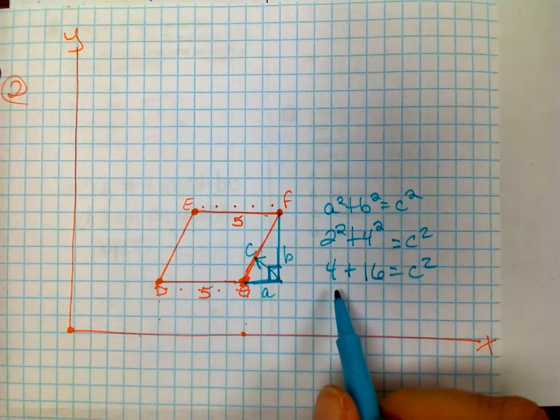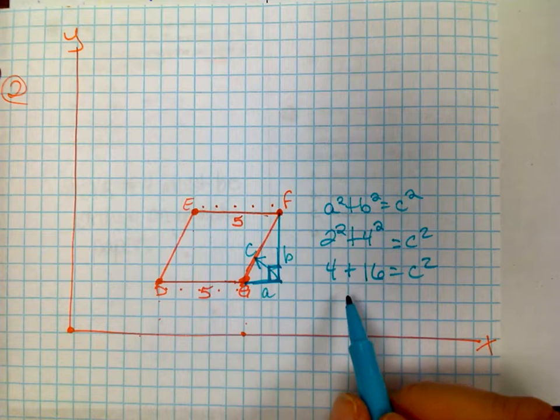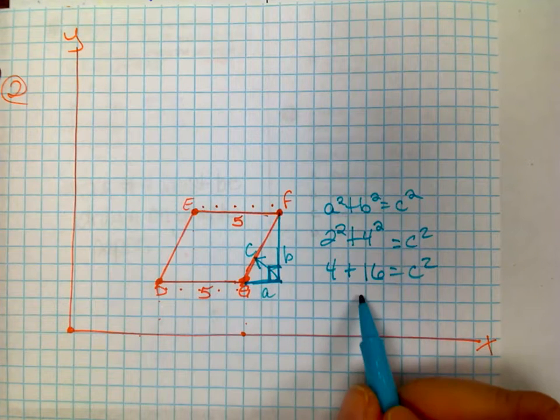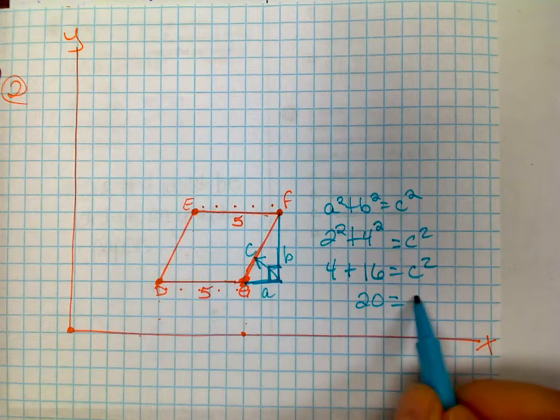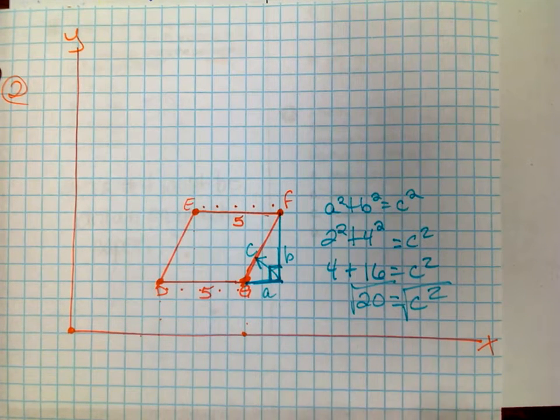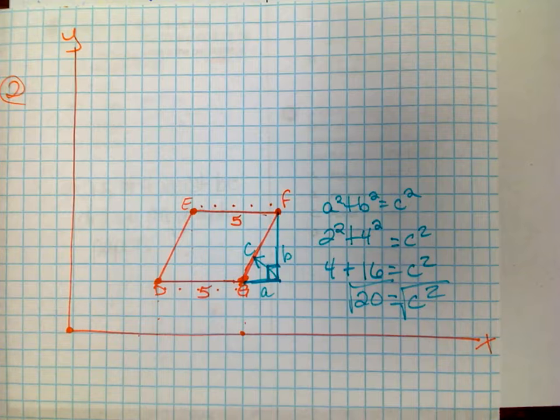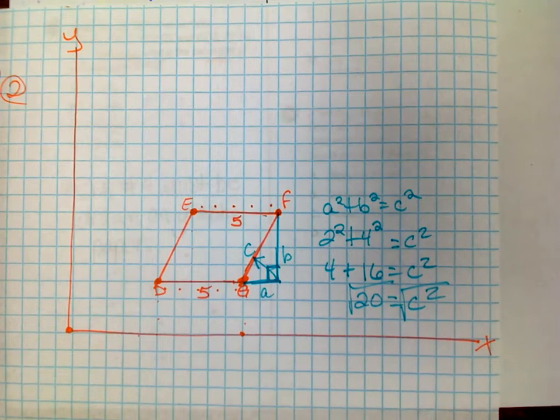I'm sorry, I was just thinking ahead. Okay, so 4 plus 16 is 20 equals C squared. You're going to have to find the square root. And I'm going to tell you, your answer is going to be 4.472 and so on.